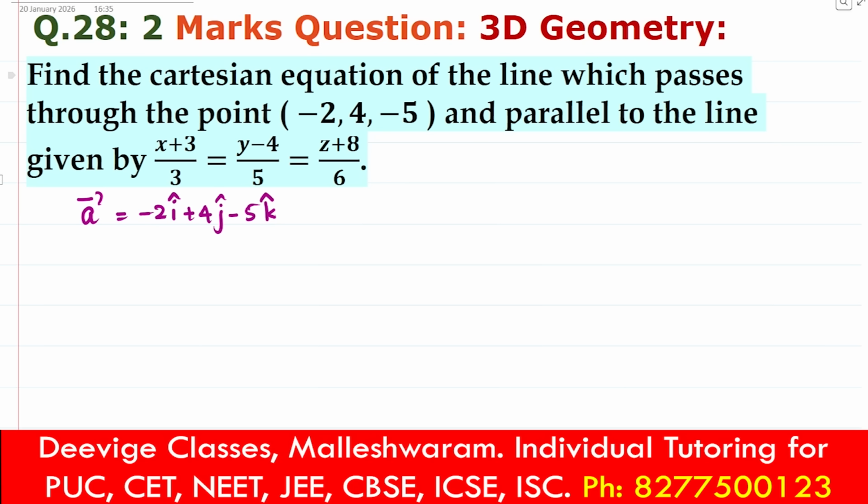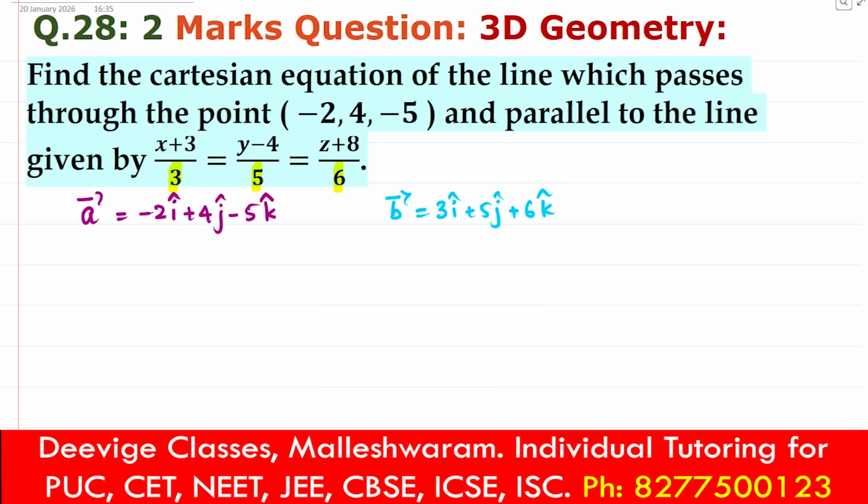And parallel to the line is nothing but vector B. So vector B is 3, 5, and 6, so vector B can be written as 3i cap plus 5j cap plus 6k cap.